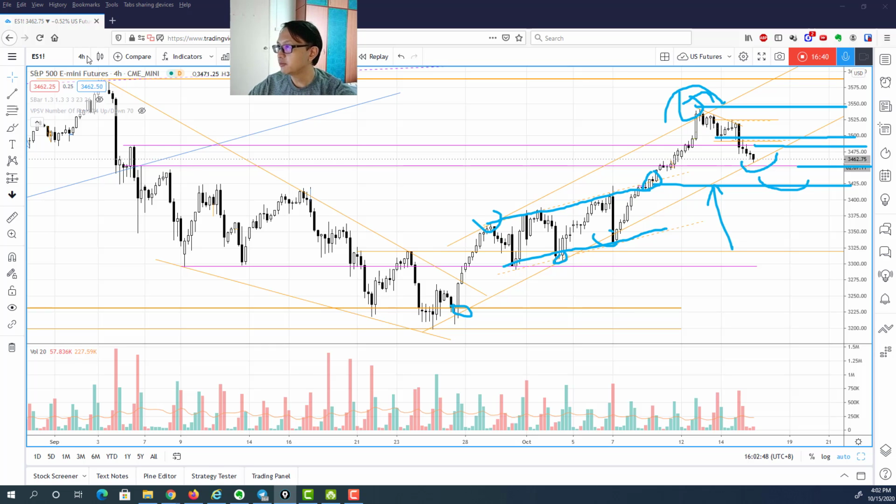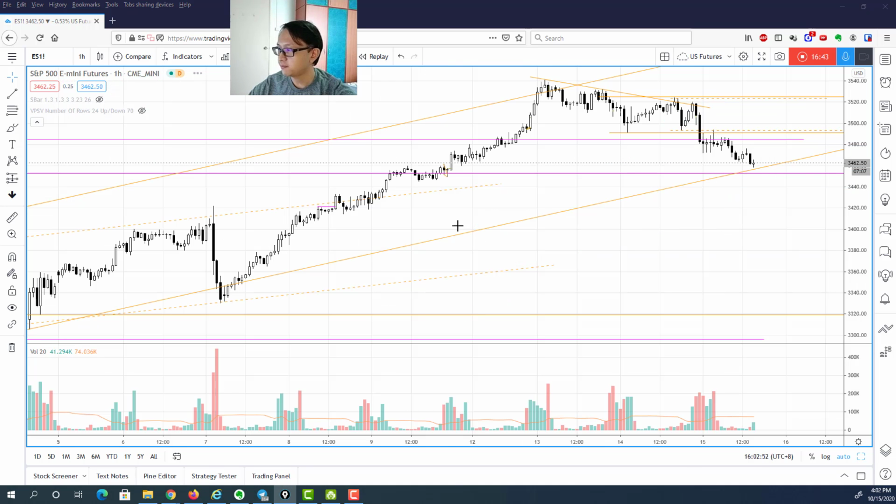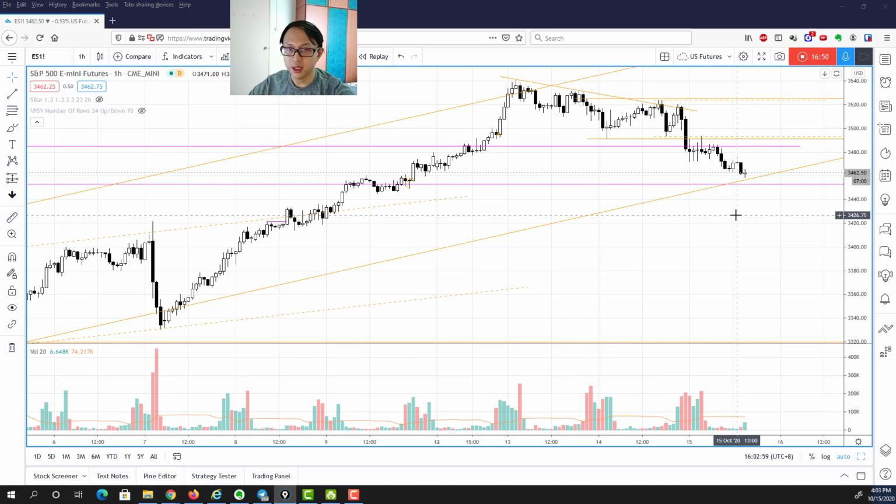Alright, so let me just go down to the hourly time frame and zoom in to the detail. Okay, so far I just pointed out the immediate support and resistance level, and I think this could be a good level to watch, 3450.